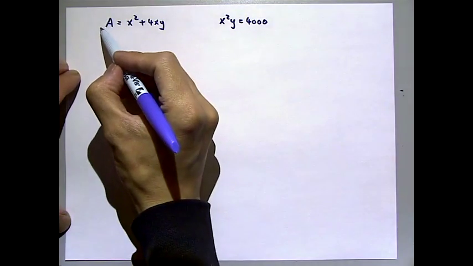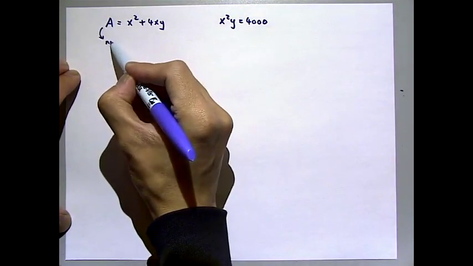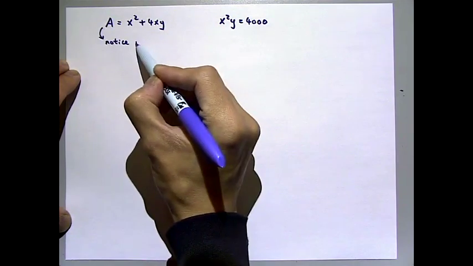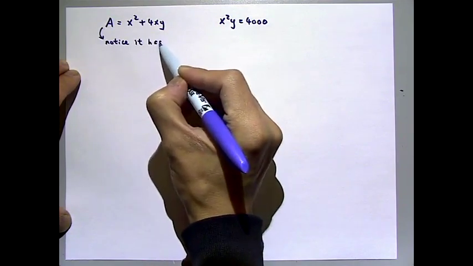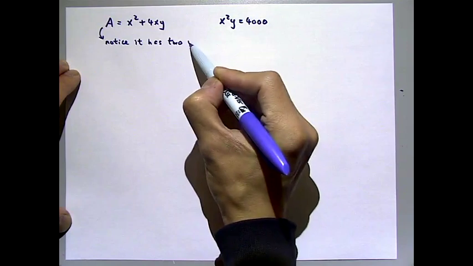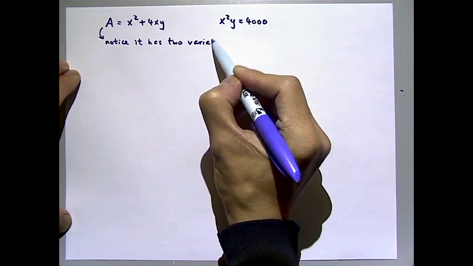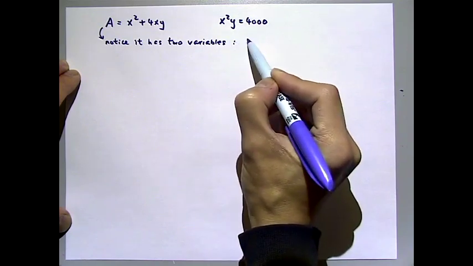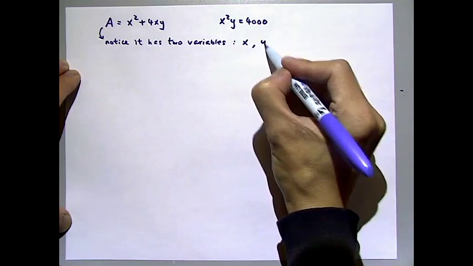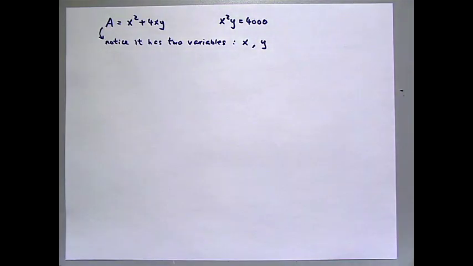Now take a look at this equation here. Notice this equation has two variables, two things we don't know, and two things that are always changing, x and y.